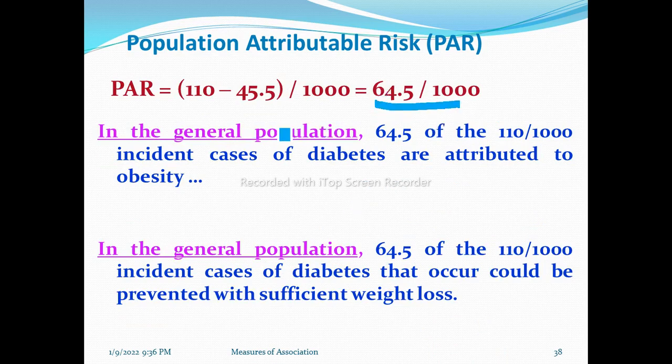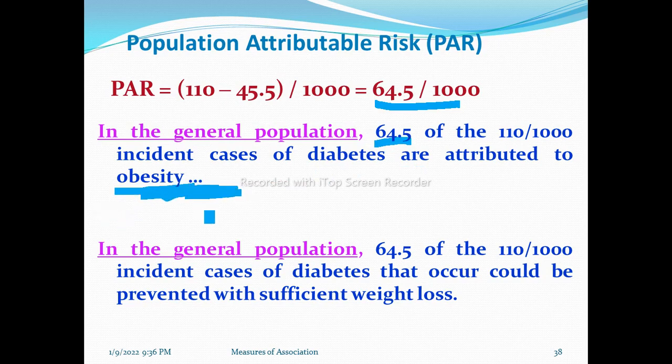So in the general population, 64.5 of the 110 per thousand incident cases of diabetes are attributable to obesity, meaning 64.5 was due to obesity.